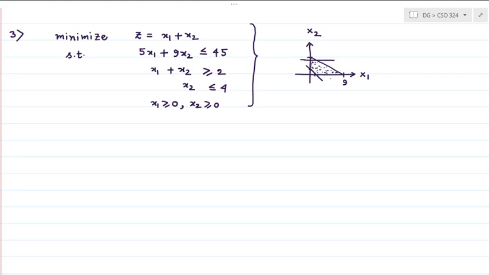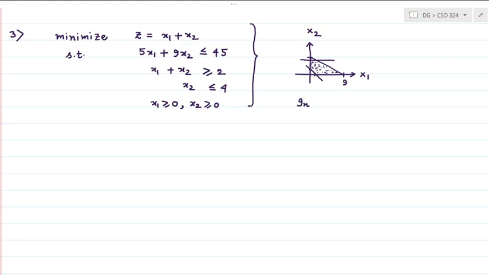And in this feasible region, you find that the minimum value will obviously be on the line x1 plus x2 is equal to 2. So the minimum value of the objective function in this region is obviously 2, and there are infinitely many optimum solutions.